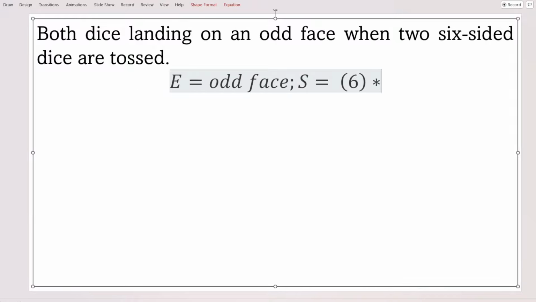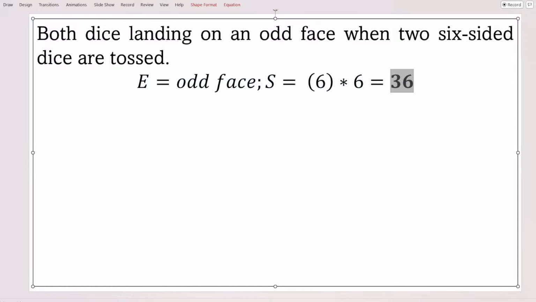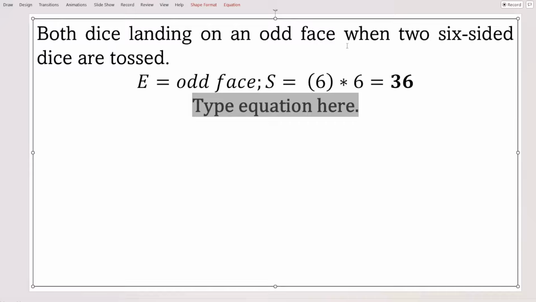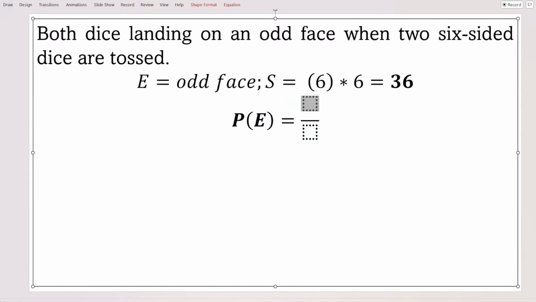So obviously this is just also 6. So all the possible outcomes in a sample space S is 36. Again, the probability of E, this is just the events that you want. We haven't figured E out yet, but let's put 36 here, because 36 is the total number of outcomes.